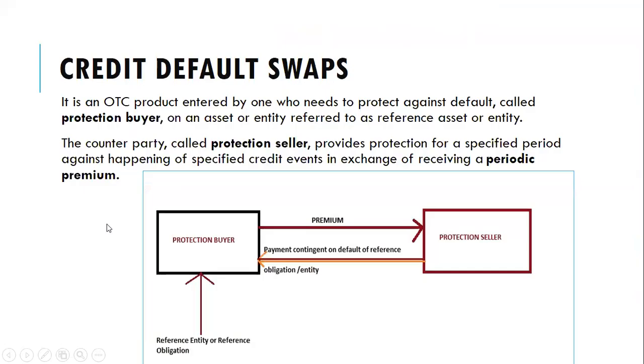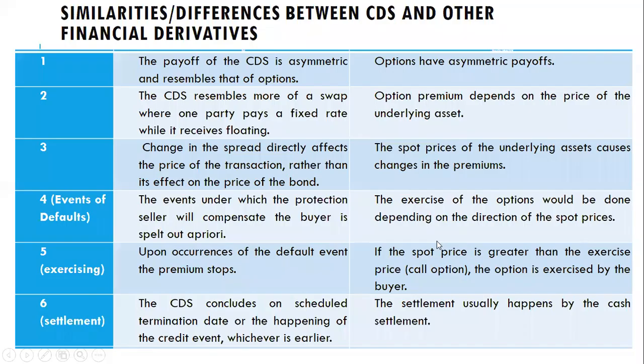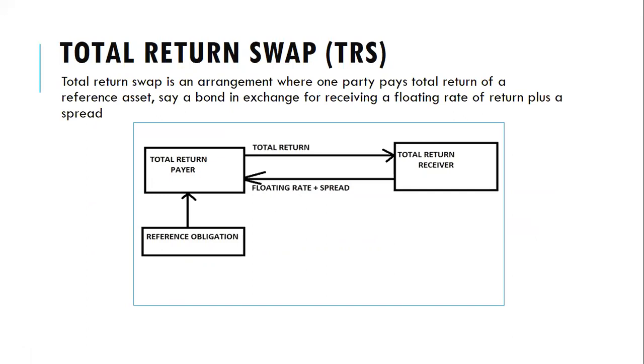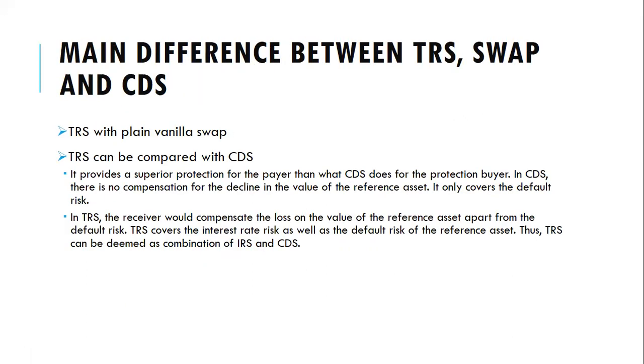Because in credit default swaps, on the occurrence of the event, the protection seller will make the payment. But if the value of the reference entity has reduced, he will not compensate for it, which is done here in the total return swap. So the total return receiver will be able to compensate for it.